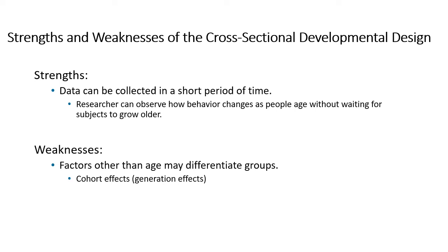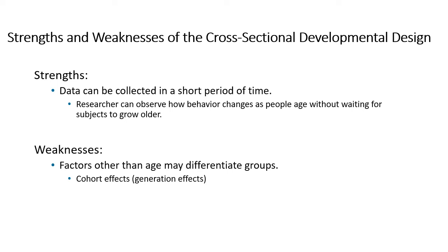So the cohort effects can really mess with data when you're talking about cross-sectional, because cohort effects can be the explanation for the difference, not age. If you're trying to see if it's age that does it, you're not going to be able to say that age is what is causing these differences, because again, there could be something other than age that's causing it, like when they grew up.